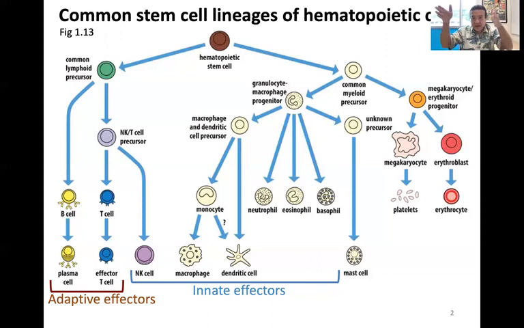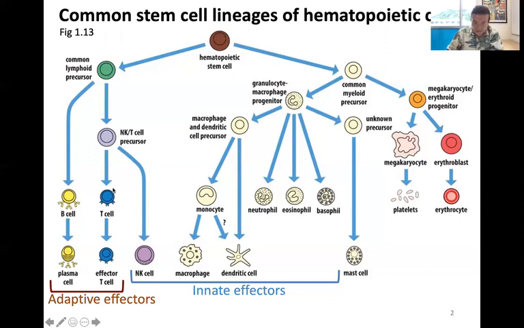Right? Then when it transcribes the heavy chain, the end of the heavy chain has the information for either having the end that's going to anchor it to the surface or the end that's going to allow it to be free floating. And so the B cell can then simply do alternative RNA editing to either have the resulting molecule be stuck to the surface as a Y or floating away as a Y-shaped antibody molecule.